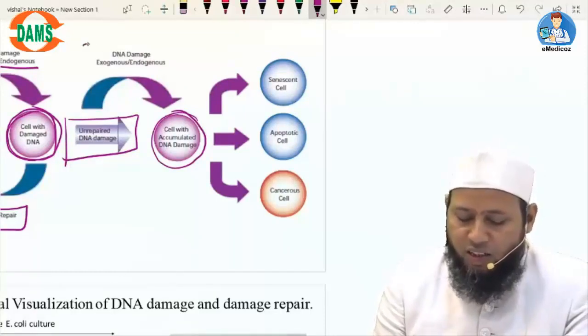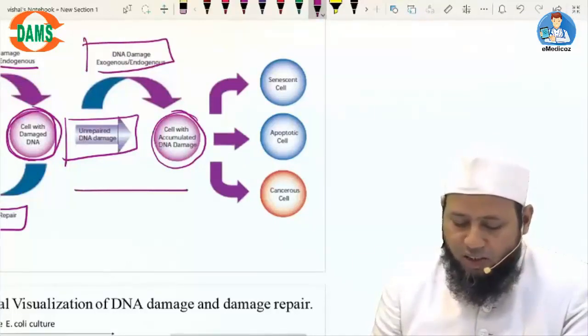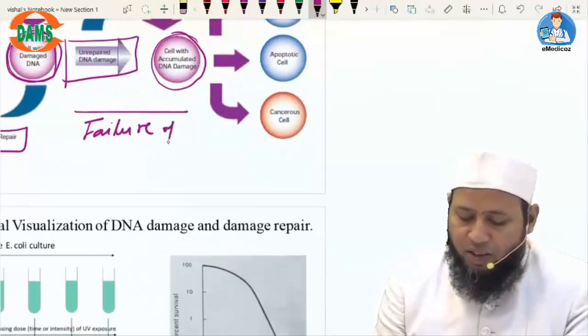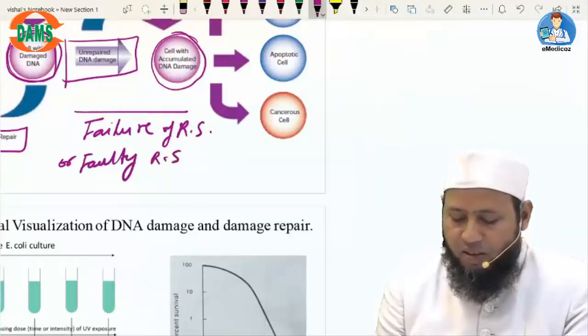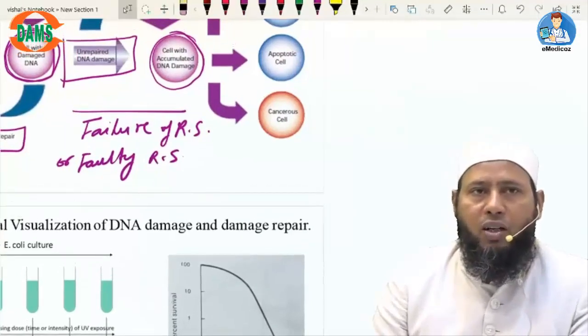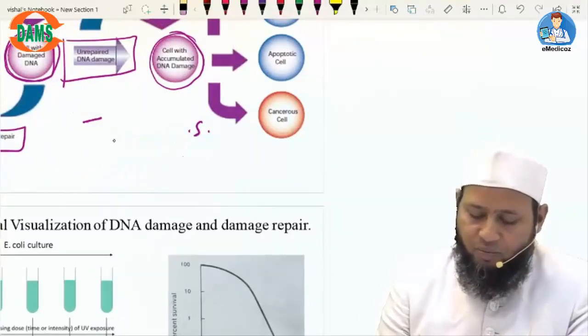So here is DNA damage and the repair system is faulty, or there is a failure of the repair system. Failure of the repair system, or a faulty or erroneous repair system.